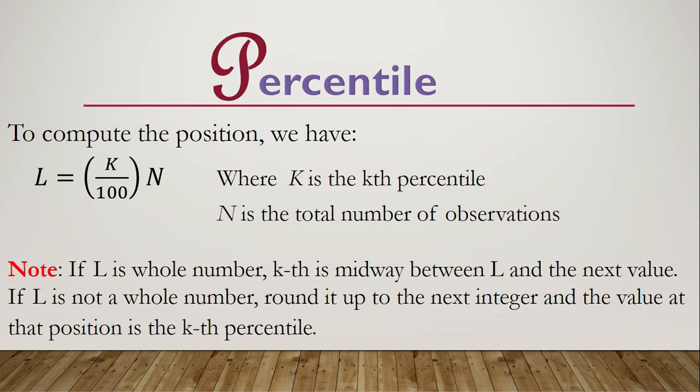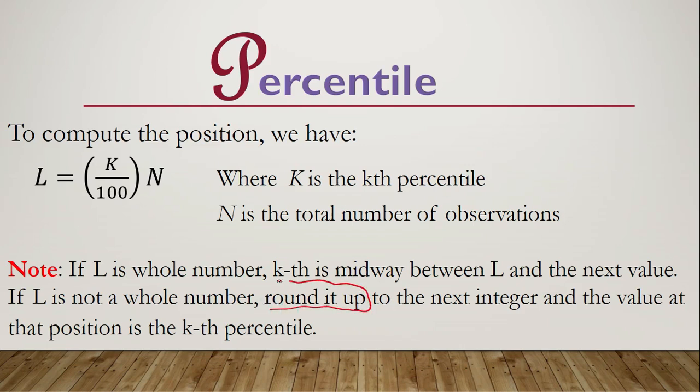If L is a whole number, the kth percentile is midway between the L position and the next value. Meaning to say, the value is the average of the L-th value and the next value.